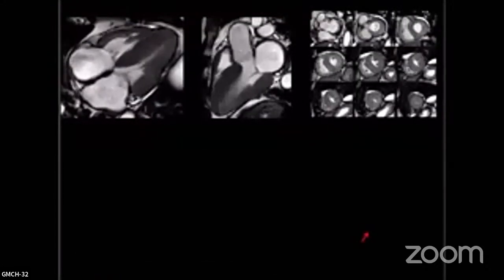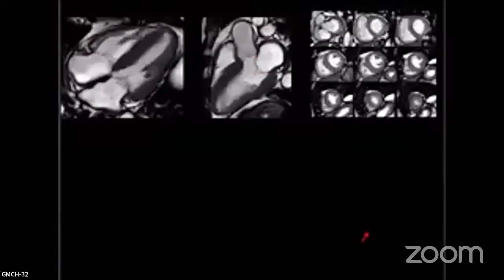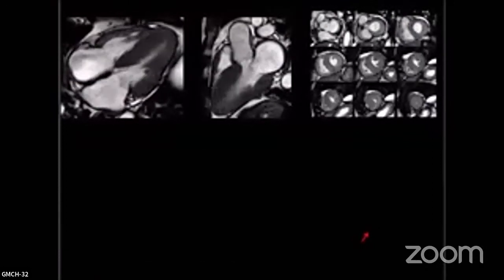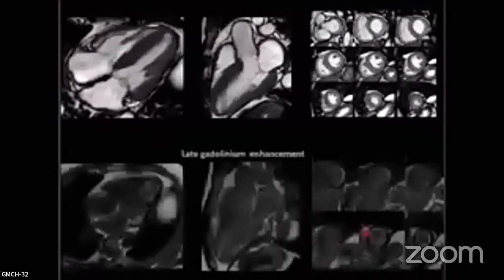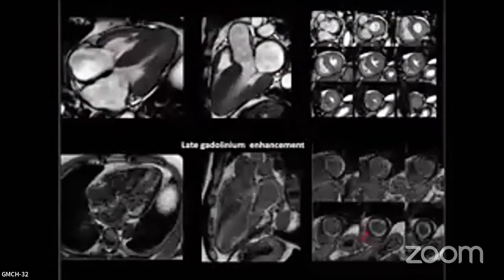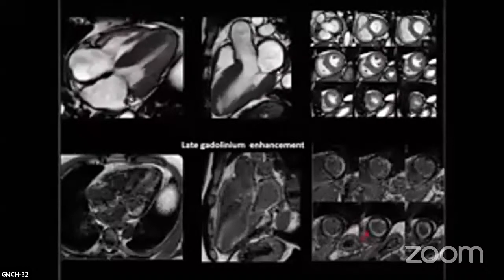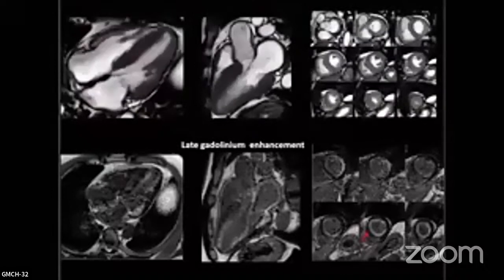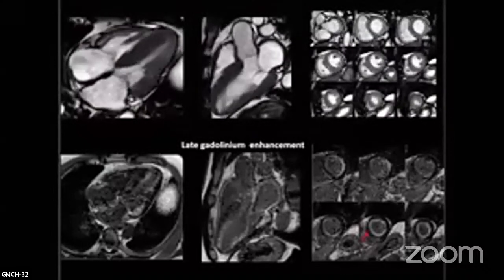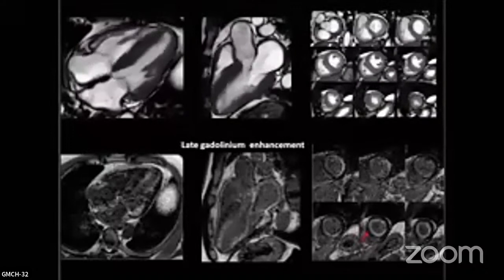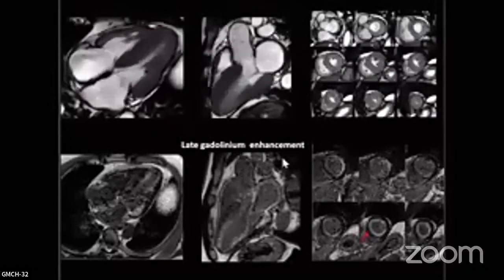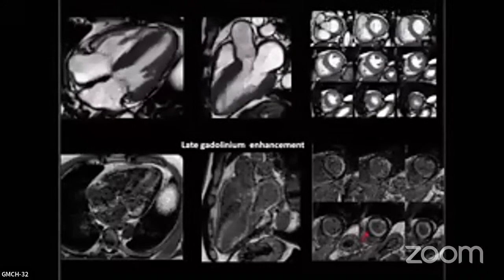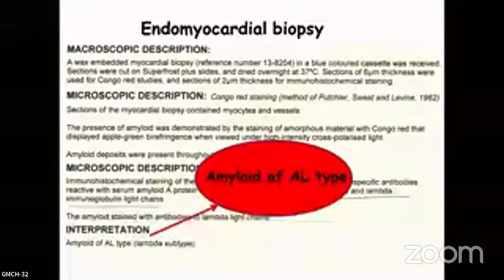The cine function showed us what we already knew by echocardiogram, so that was not the reason to do the MRI scan in this patient particularly, but tissue characterization showed altered gadolinium kinetics, and you can see there is a ring-like pattern, subendocardial, on the short axis stack. There is suboptimal nulling of the myocardium, and this made us consider a diagnosis of amyloidosis. We proceeded with an endomyocardial biopsy, and he was found to have AL amyloid.